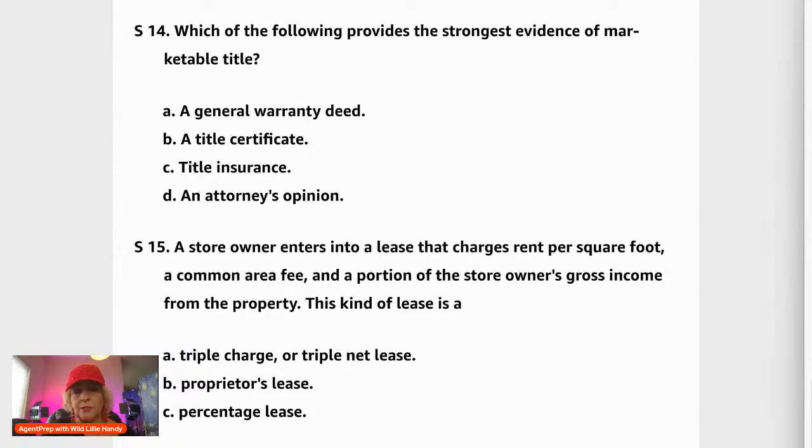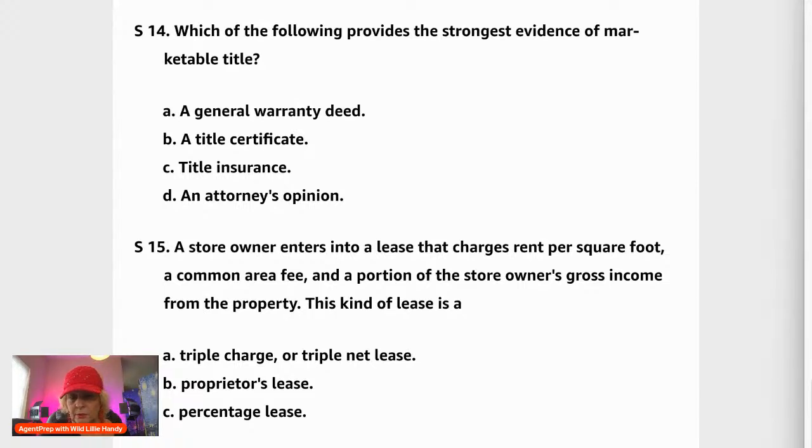A general warranty deed means it covers all the different owners instead of just a special warranty deed, but it guarantees that the owner has rights to convey the ownership of that property. It's an instrument to convey ownership, but the strongest evidence, what gives evidence? The research, to make sure that what's on the warranty deed is accurate.